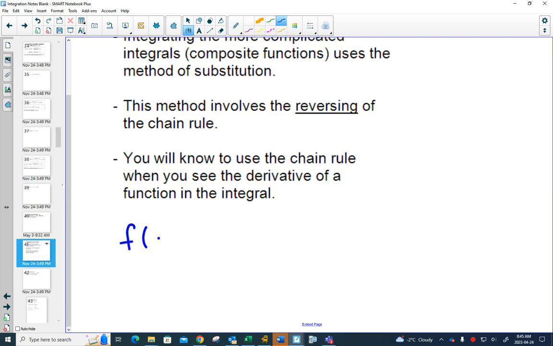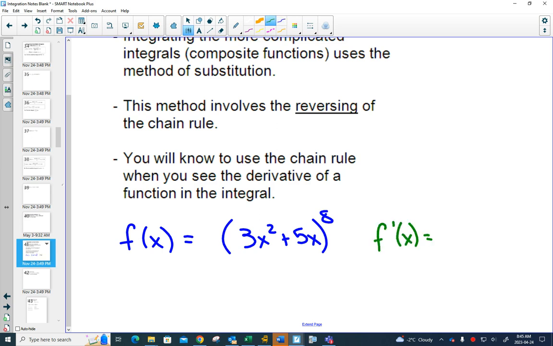Let's say f of x was (3x squared plus 5x) to the 8. Then your derivative would be a chain rule. You have 3x squared plus 5x inside x to the 8.